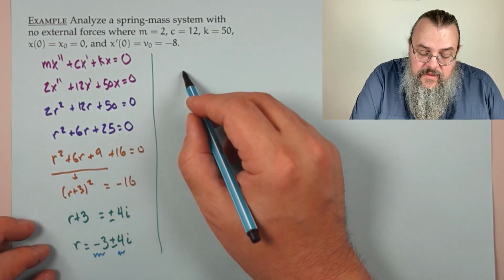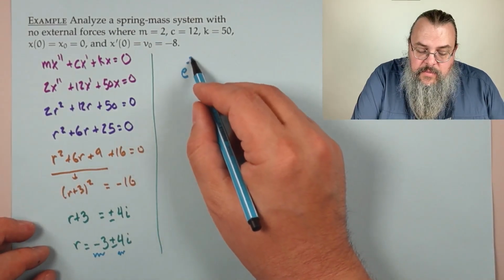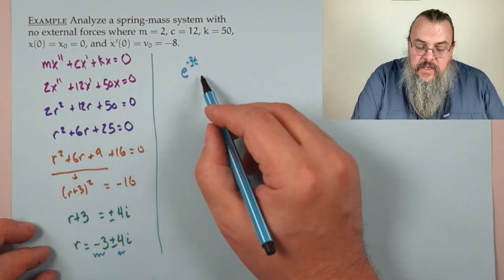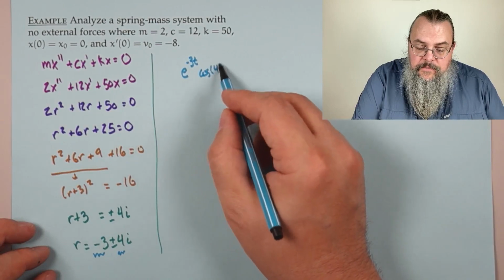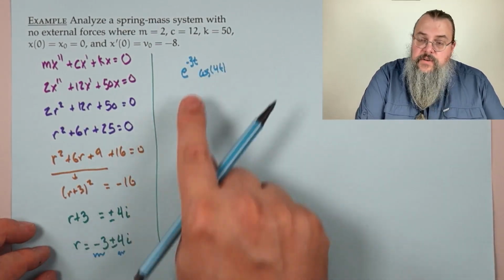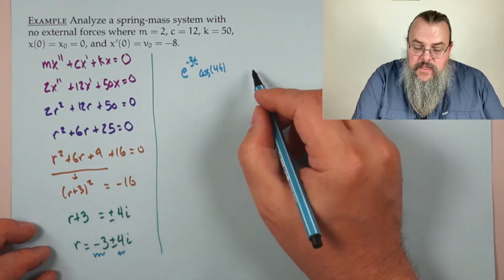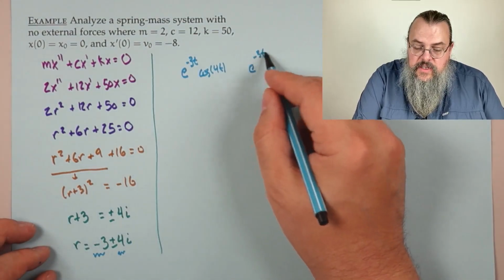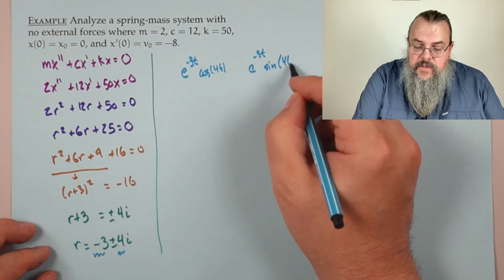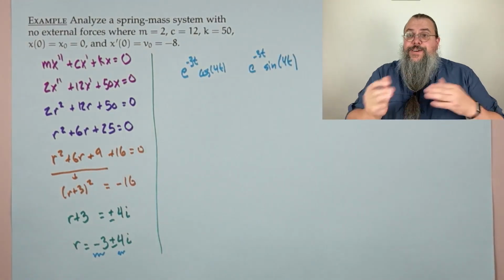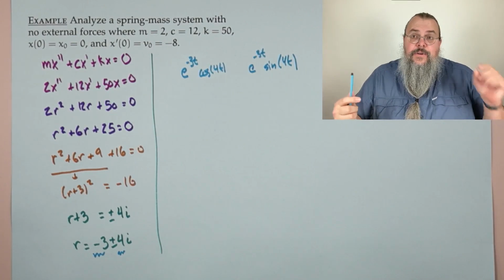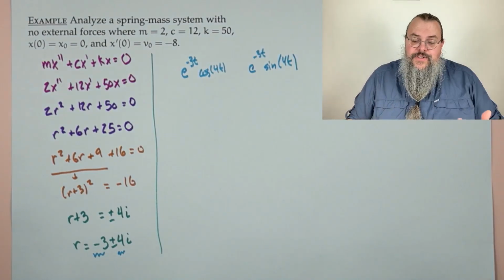So the two pieces are e to the -3t cosine 4t. The -3 goes into the exponential. The 4 goes into the trig part. And then we have e to the -3t sine of 4t. Remember, they come in sine-cosine pairs. Now, those two are solutions.